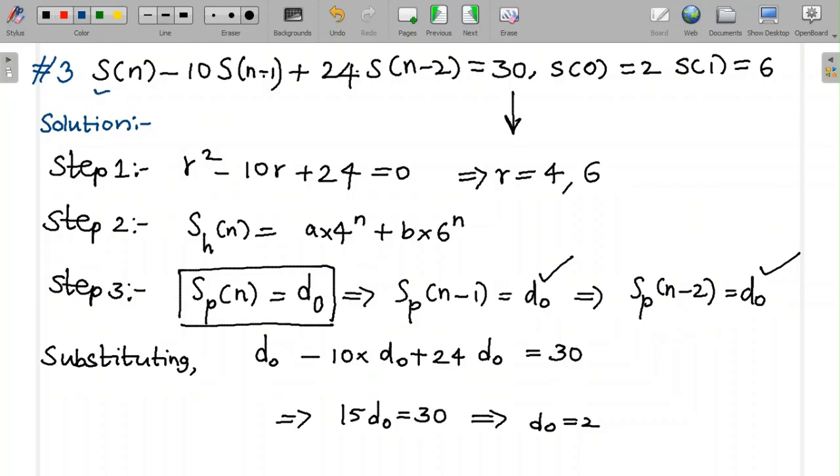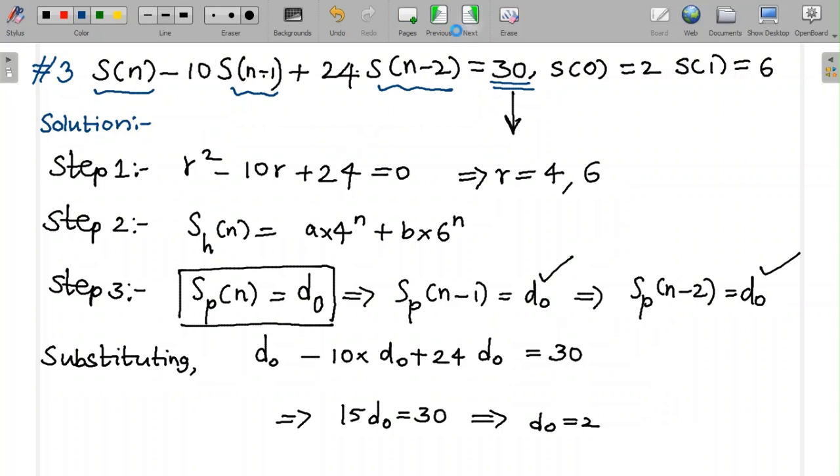So that's d naught minus 10 d naught plus 24 d naught equaling 30, which is the RHS of the recurrence relation. Simplifying, we see that 15 d naught is 30 or our d naught is simply 2. That has solved the second part of the answer for us.